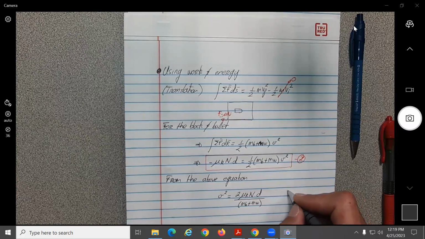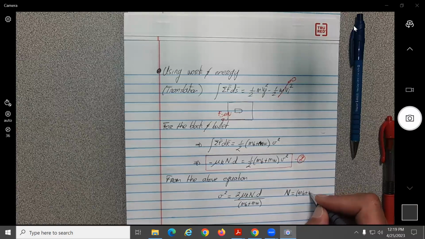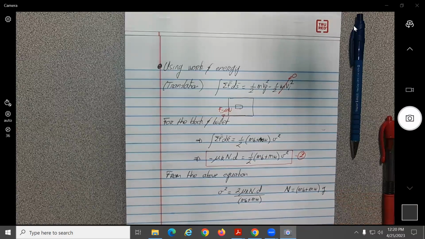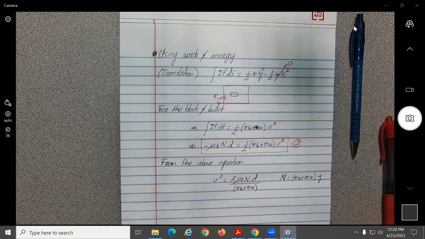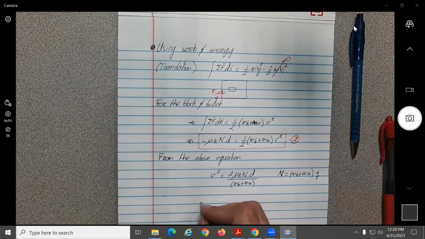Okay, what is N? Basically it would be the mass of the block plus the mass of the wood, times g. Sorry for that, it's not going to be a good example today, Charlie.